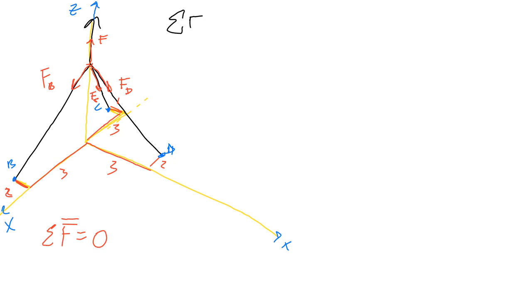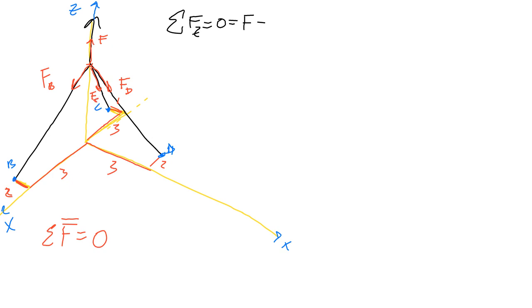So the sum of the forces in the Z direction equals 0, equals, well, we got that force F upwards that we're trying to solve for, minus, and all the other forces are going to be minus because they're all pointing downwards on the z-axis, right? So we automatically know that.